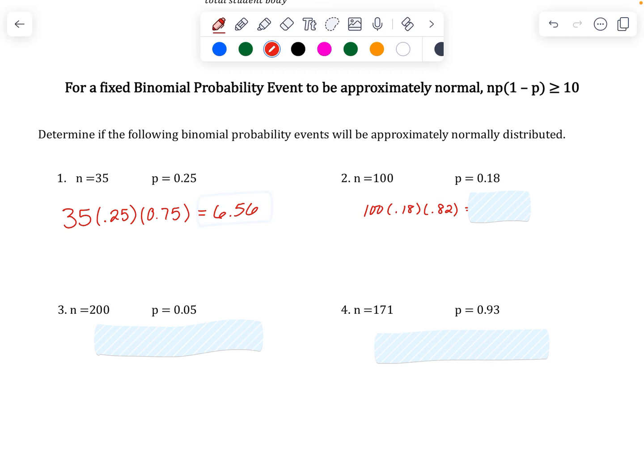If it is not, then I can claim that first example is not approximately normally distributed. So I do not have an approximately normal distribution on number 1 because np times 1 minus p is not greater than or equal to 10.